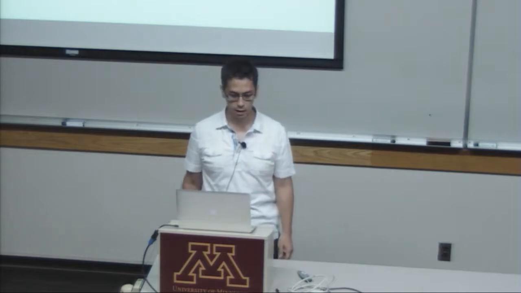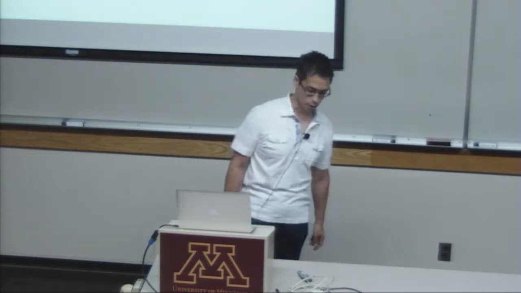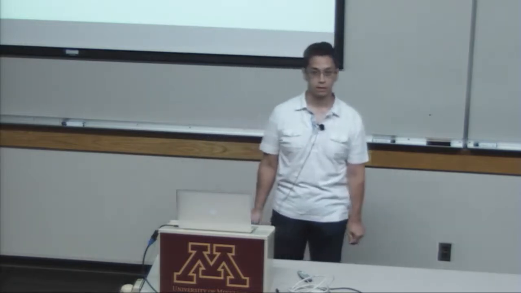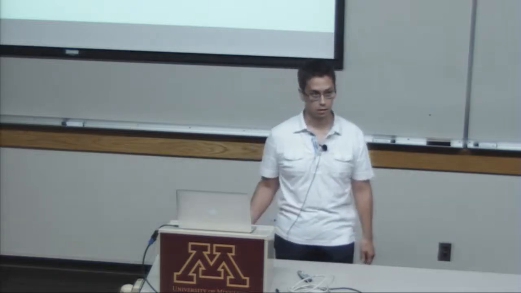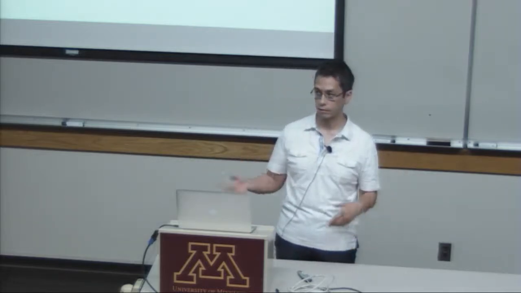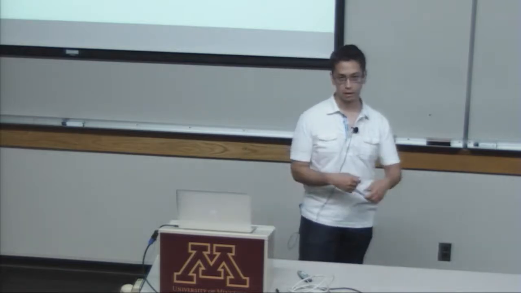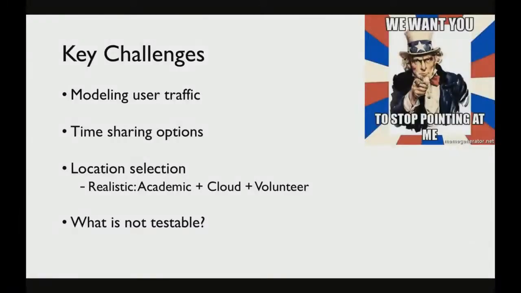Some key challenges that we are aware of and know will have to be addressed in order to do this well. I think one of the hardest ones is modeling user traffic. We could come up with some fake users and have them do some fake things, but maybe we want them to actually be downloading websites, or doing some real bulk downloads.